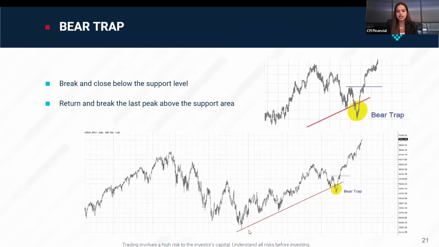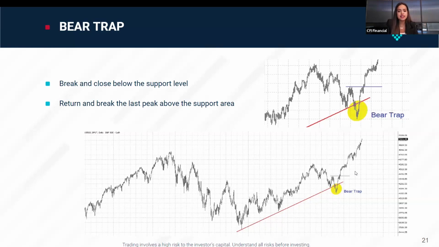The bear trap, as you can see, here we have an upward trend. The price broke the upward trend, so here we're going to start to sell. As you can see, the price rebounded again and exceeded the last high before the breakout, above the support area.